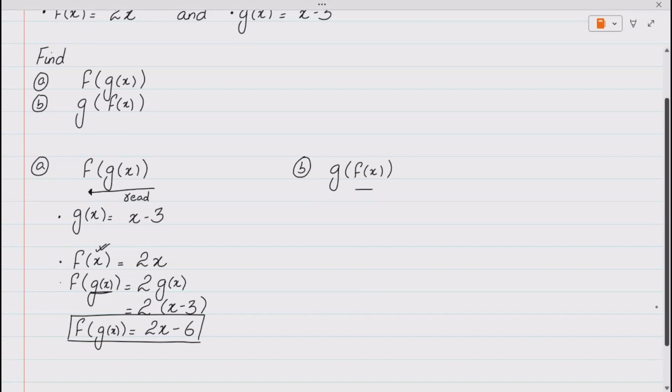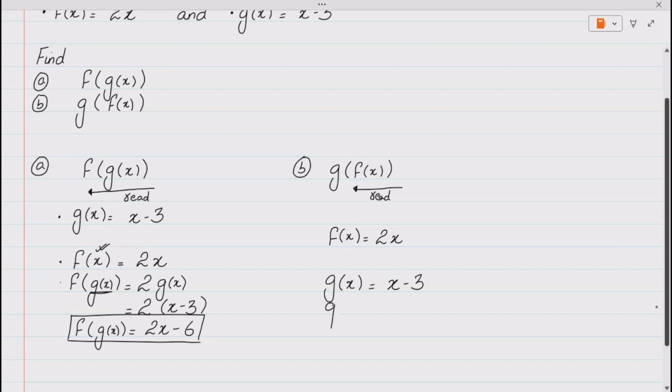Again, we have to read it from right to left. So when you are reading it from right to left, the first thing that occurs is f of x. So we write f of x. So f of x is nothing but 2x. Then they are asking us to find g of f of x, i.e., we have to take g of x. So g of x is x minus 3.